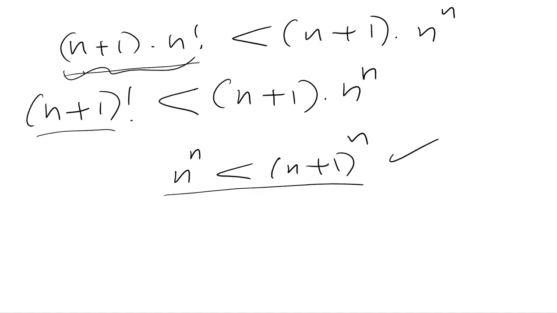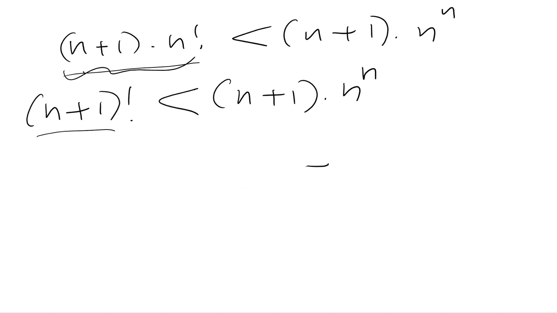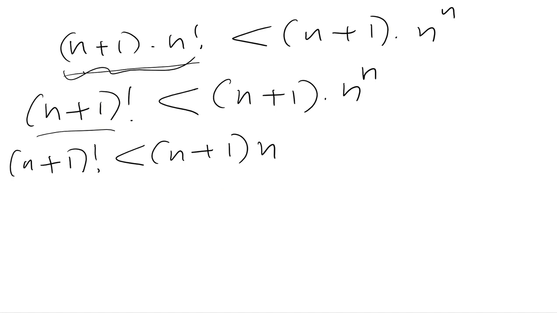So using this inequality, I can go from n plus 1 times n to the n, which is also less than n plus 1 times n plus 1 to the n, right?